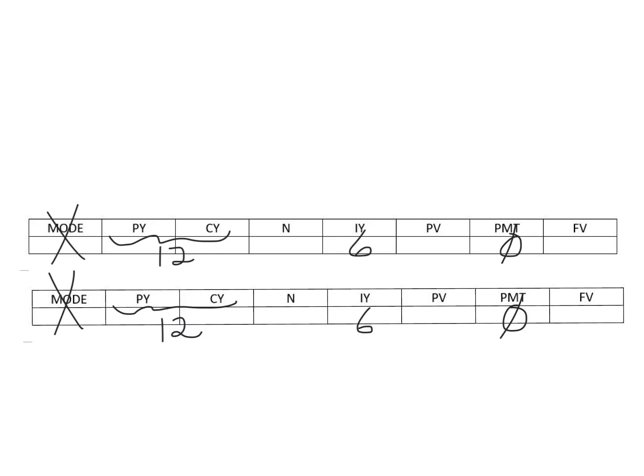Now, we have to look at this N value. Remember, we have one payment that was 18 months, and it is being paid today. So we have 18 out of 12, and our CY is 12. So here our N will be 18.